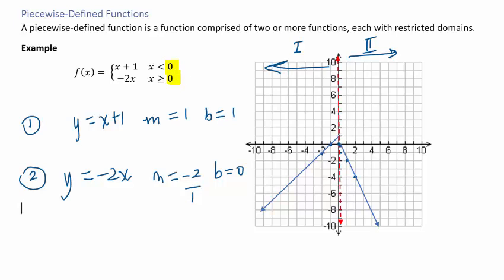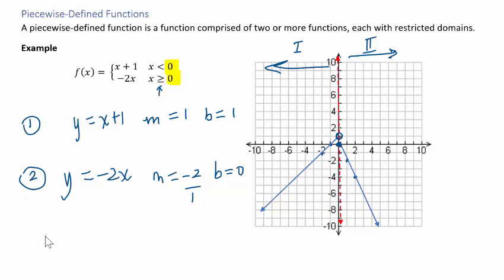So on that initial line, we need an open circle for that endpoint. But on the second line, y equals negative 2x, we did draw that line when x is greater than or equal to 0. And since it said that 0 is an x value on this piece of the function, we want to ensure that that point is shaded in. And now this function does pass the vertical line test.